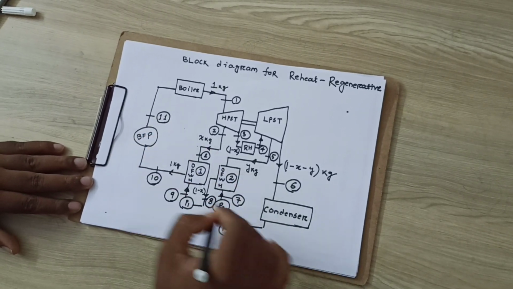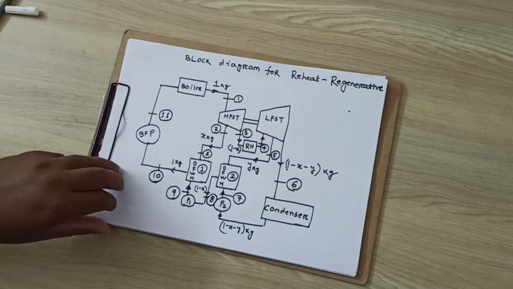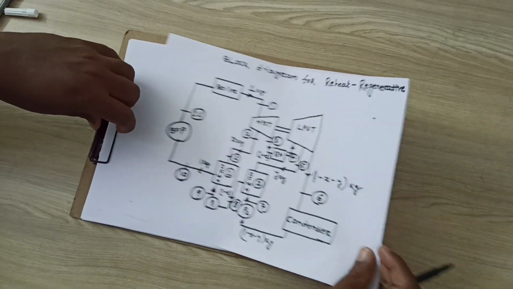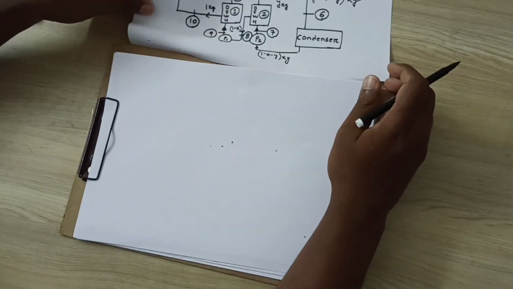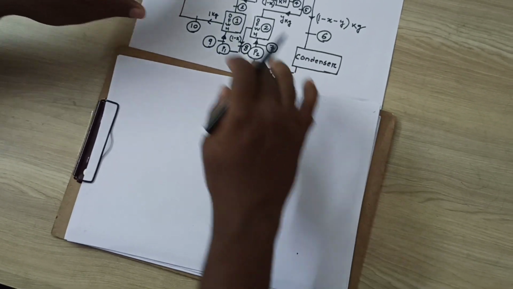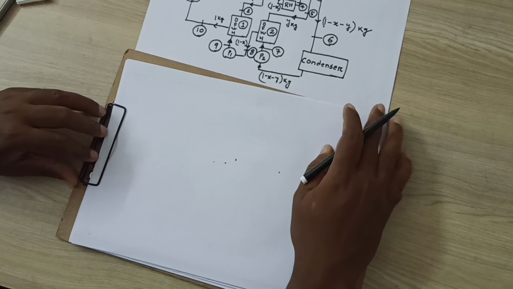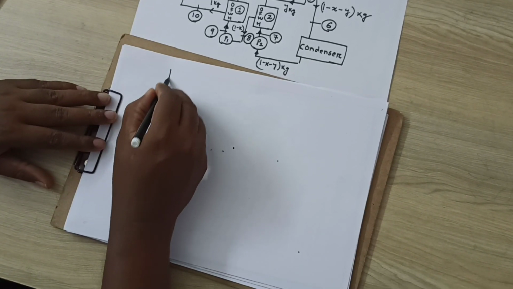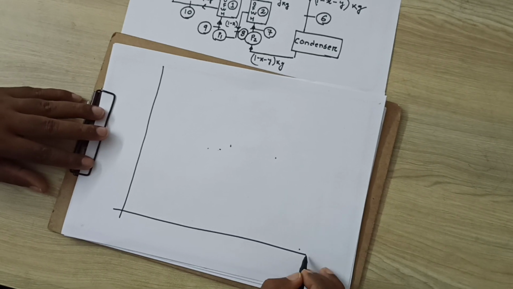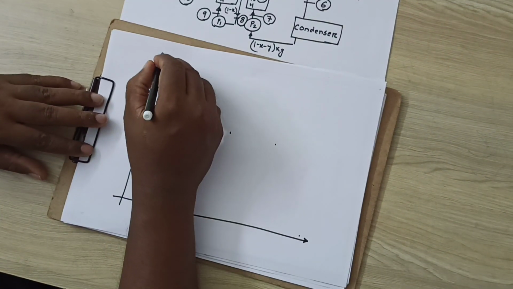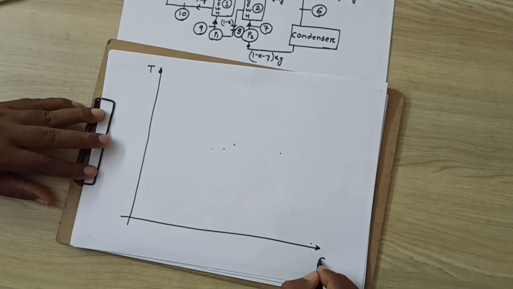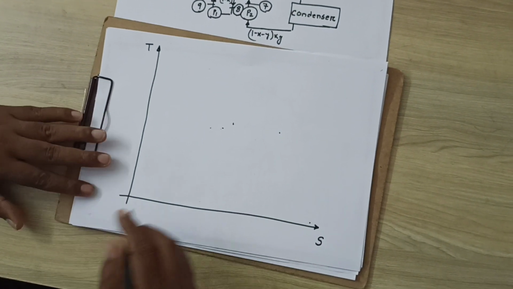Now these cardinal points we have to represent in our temperature-entropy plot, and I am putting this here for our reference to draw the TS plot. Along the y-axis, temperature; along the x-axis, entropy.